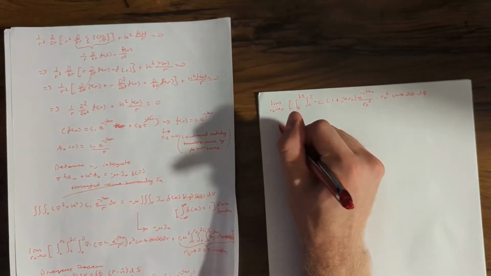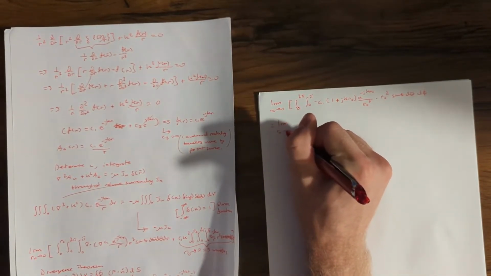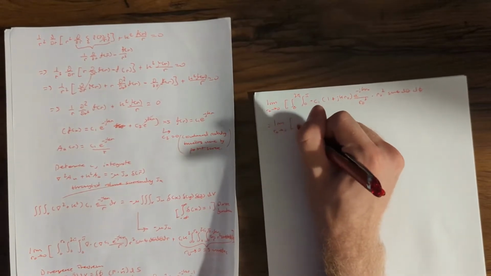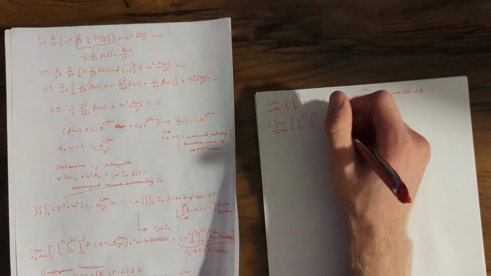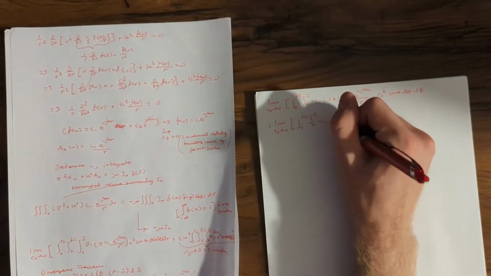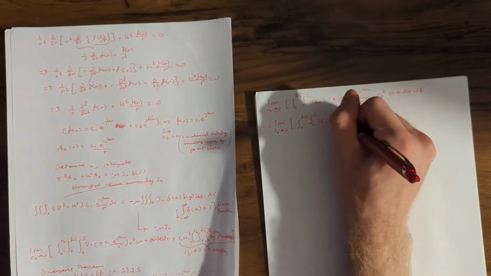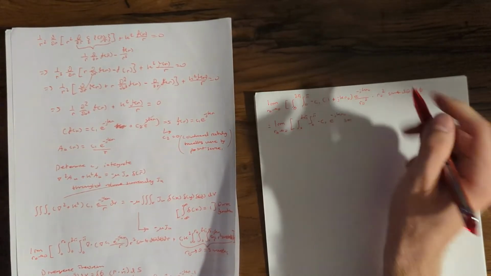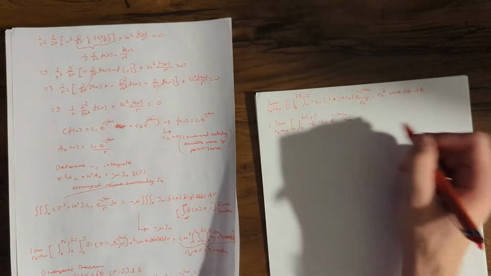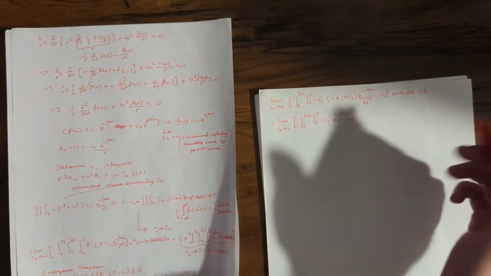So going on, limit r naught approaches 0, you have integral from 0 to 2 pi, integral from 0 to pi, negative C1 e to the negative jkr naught sine theta. So doing this first term here, distributing, we're going to separate into two integrals again.